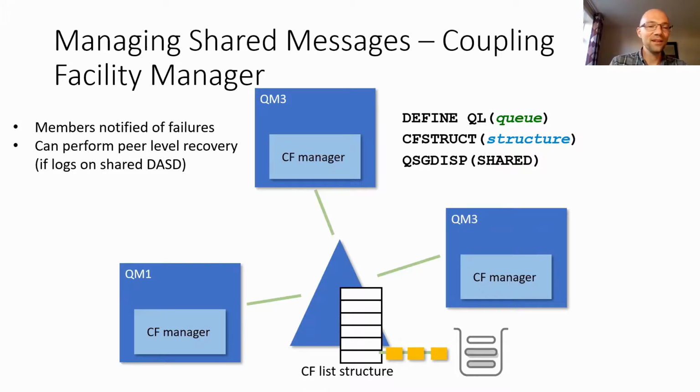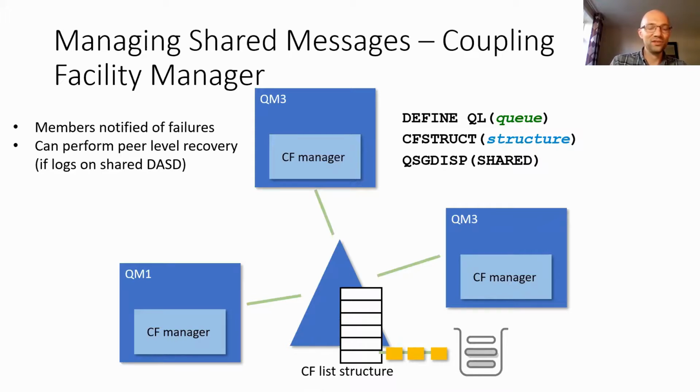So if one queue manager in this queue sharing group was to disappear, then the remaining two members would get notified that that one member had gone away. And they would be able to then recover or complete any transactions that were in flight on that failed member, so that those messages become available again on the queues.